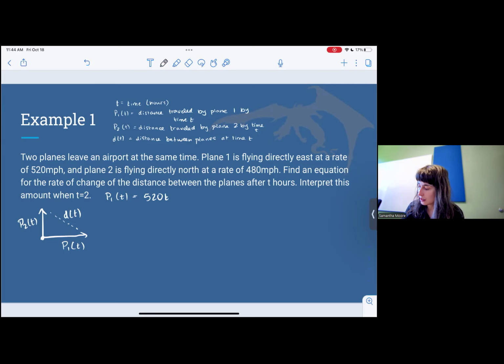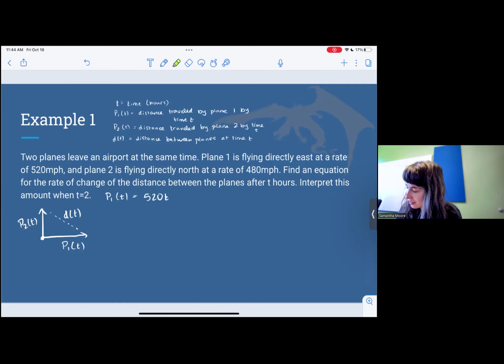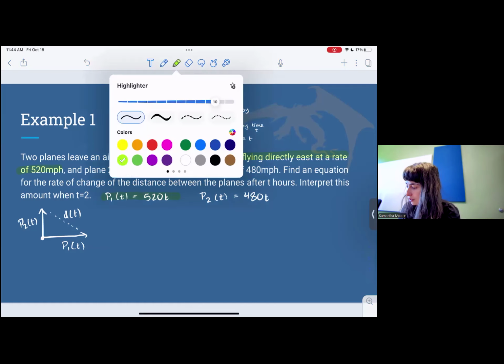And similarly, this information gives me that equation. Similarly, I could say that plane 2, the distance it's traveled at any given time, is going to be 480 times the number of hours that we've traveled.